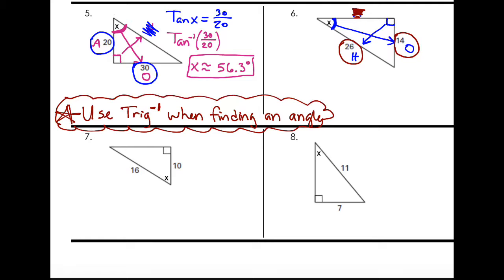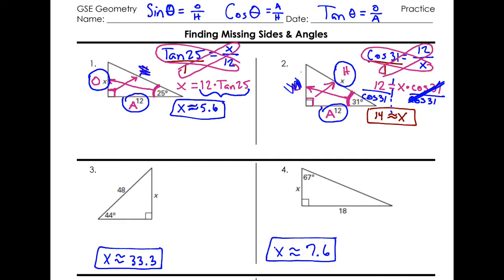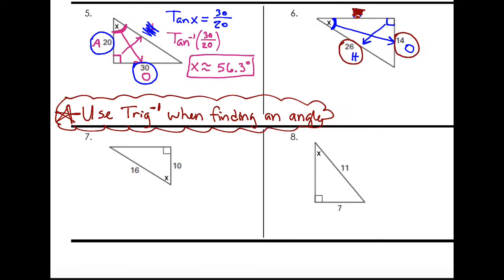And now I'm looking for which trig function deals with hypotenuse and opposite. So if I go back, hypotenuse and opposite is my sine function, my sine ratio. So sine of our angle measure, where our angle measure is x in this case, is opposite, O, on top in that fraction, over hypotenuse, which is 26.